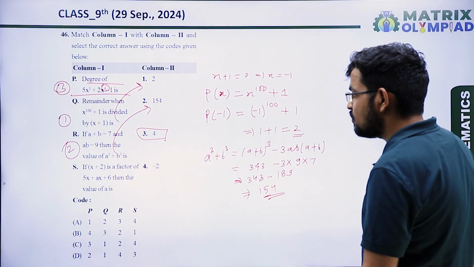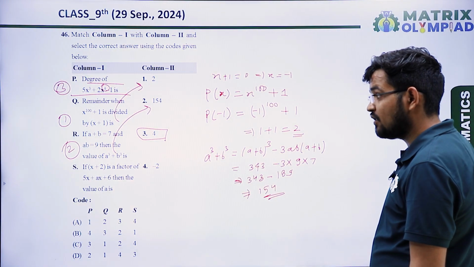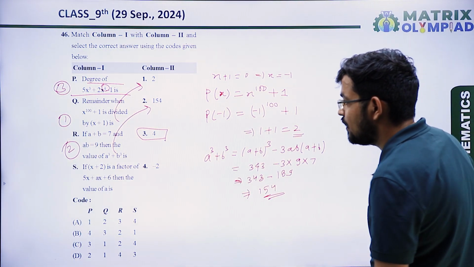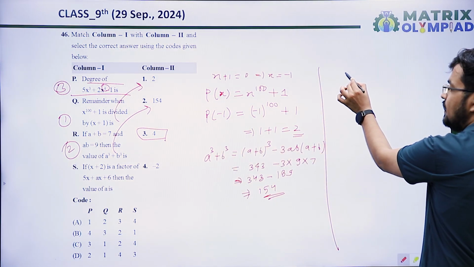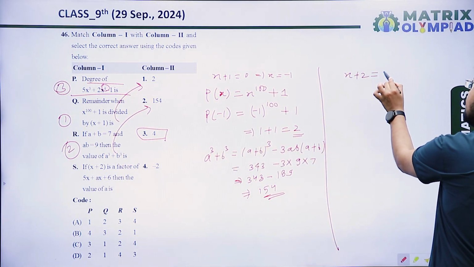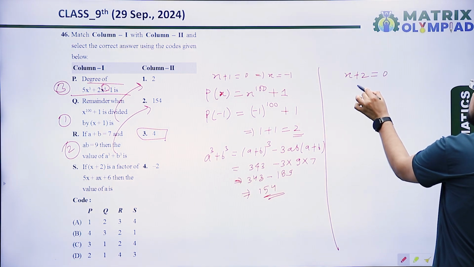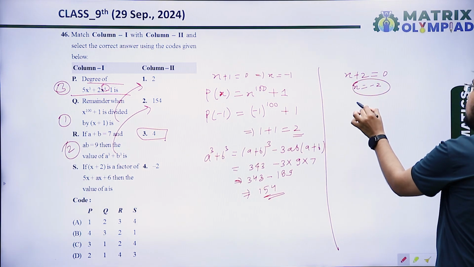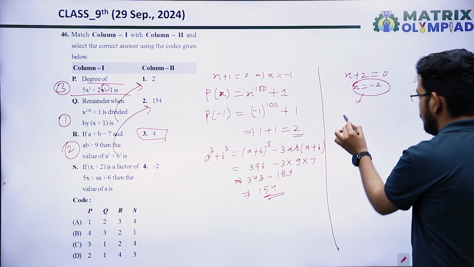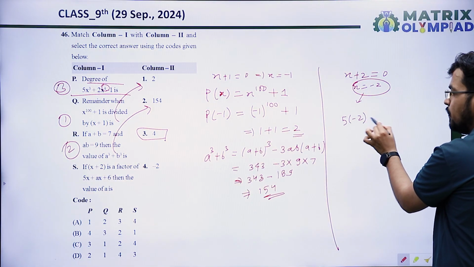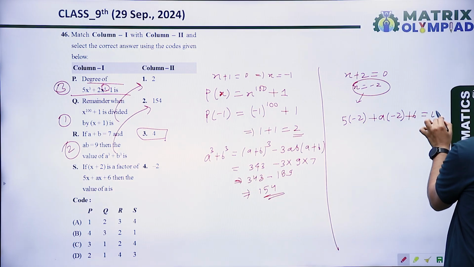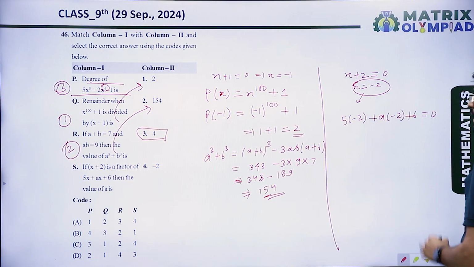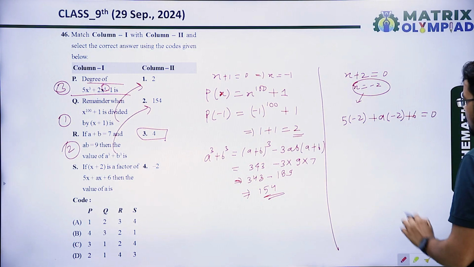S: if x plus 2 is a factor of 5x plus ax plus 6, then the value of a is? If x plus 2 is a factor, then first of all put x plus 2 equal to 0, so the value of x equals minus 2. Now put x equal to minus 2 in the polynomial. So 5 into minus 2 plus a into minus 2 plus 6 equal to 0, because the remainder is 0.